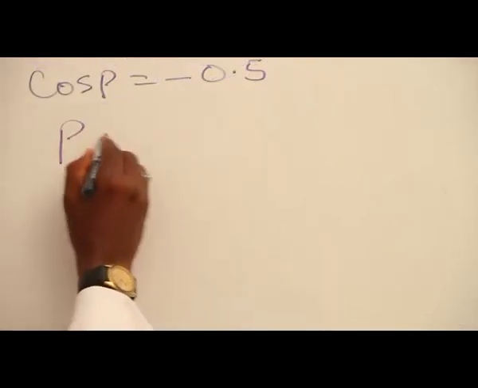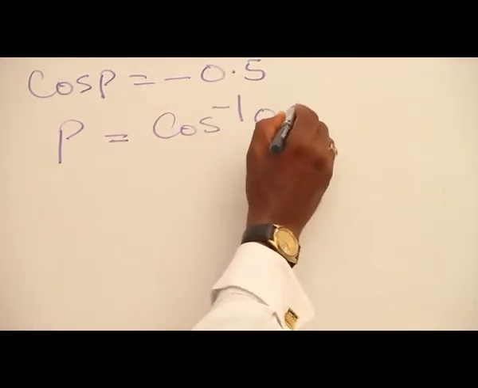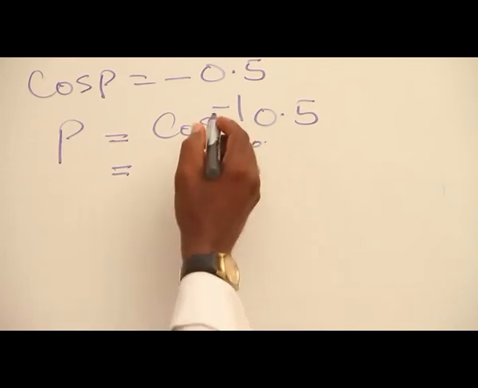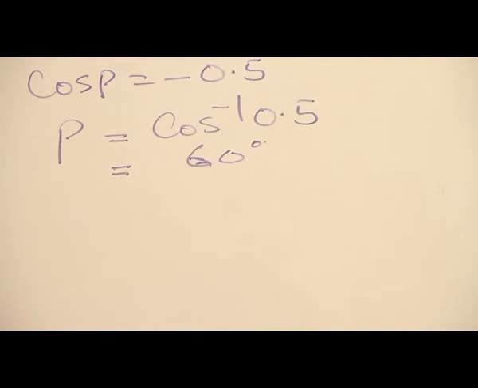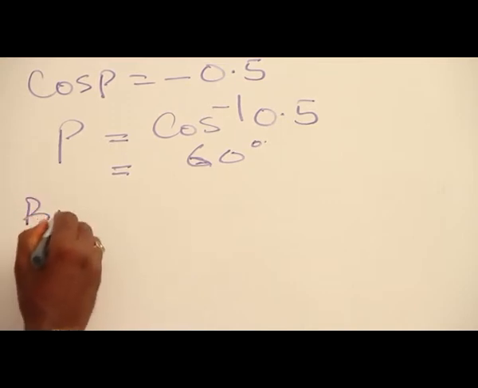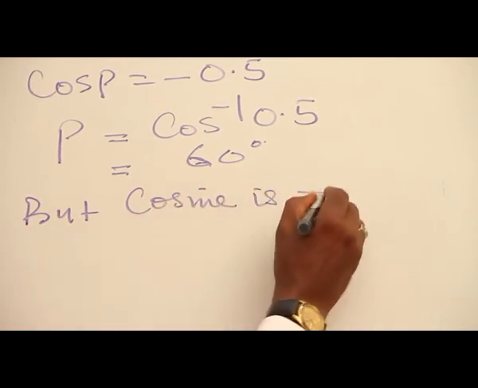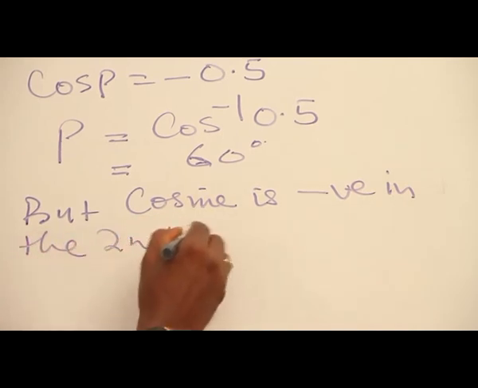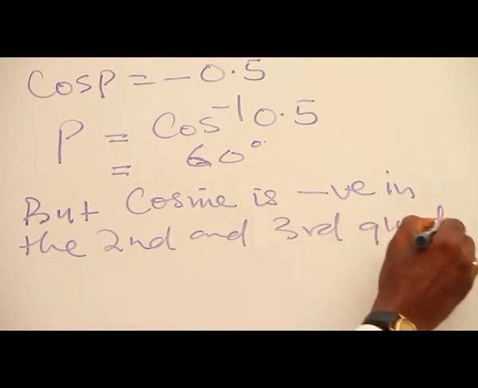Then we can find our P without the negative sign, cos inverse of 0.5, and of course that will be equal to how many degrees? 60 degrees. We know that from special angles that we have treated formally. Now with this one, we also realize that cosine is negative in the second and the third quadrant.